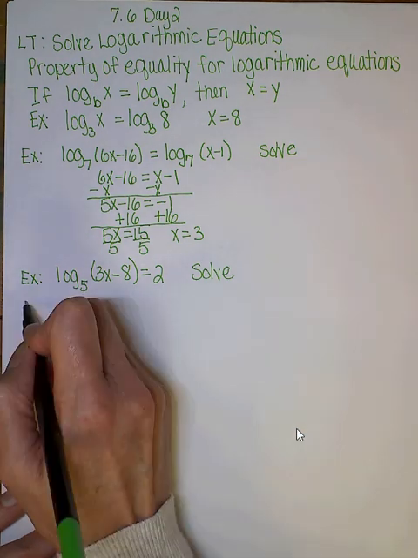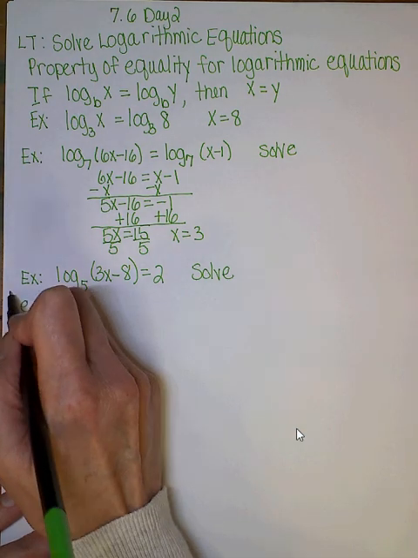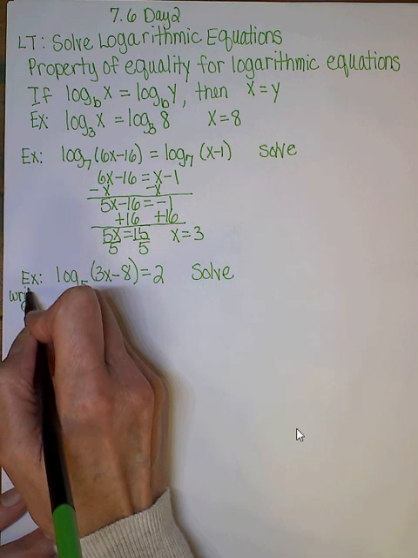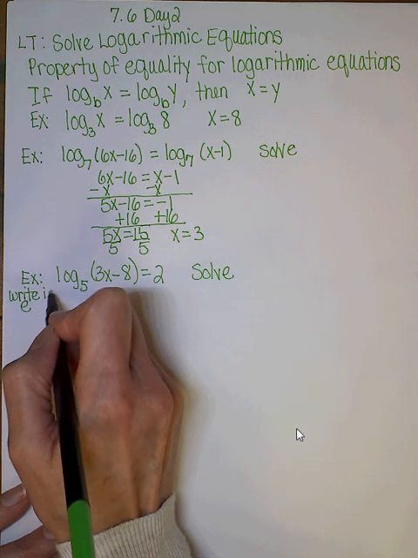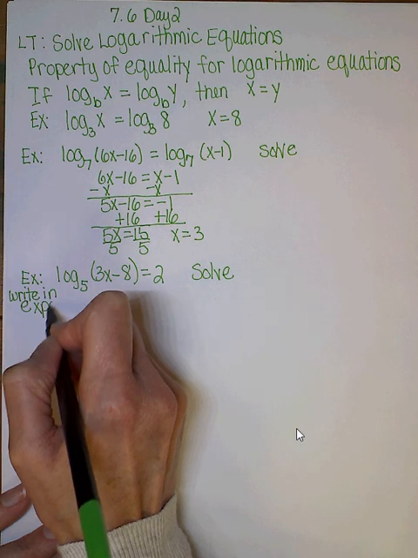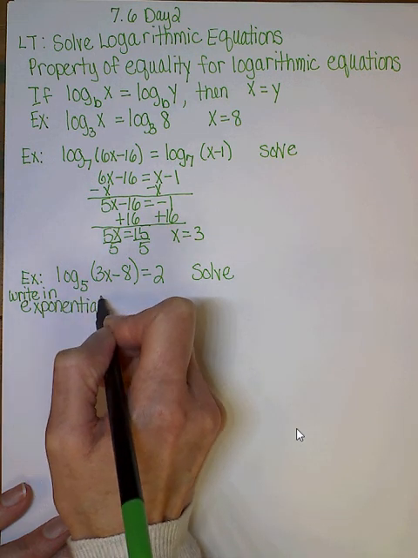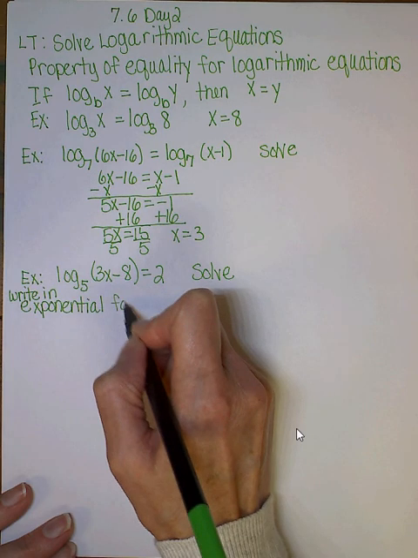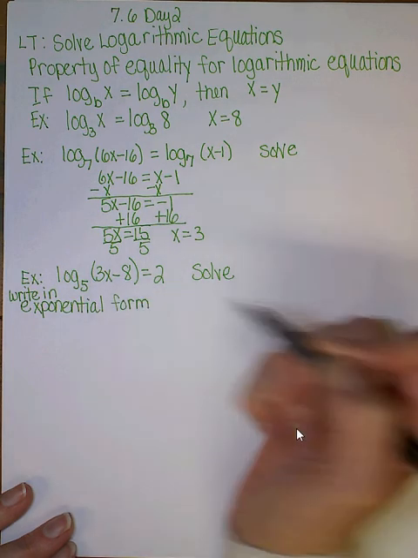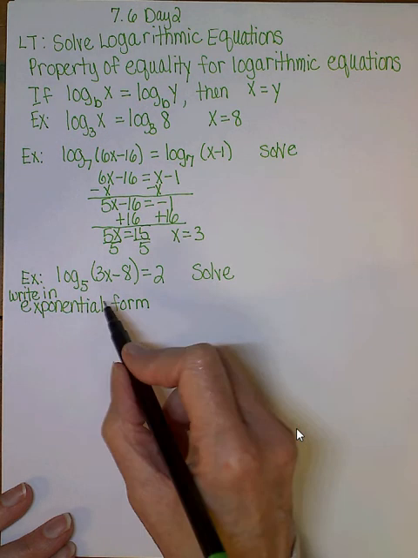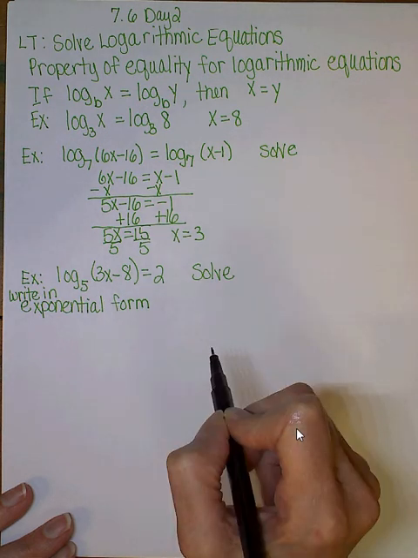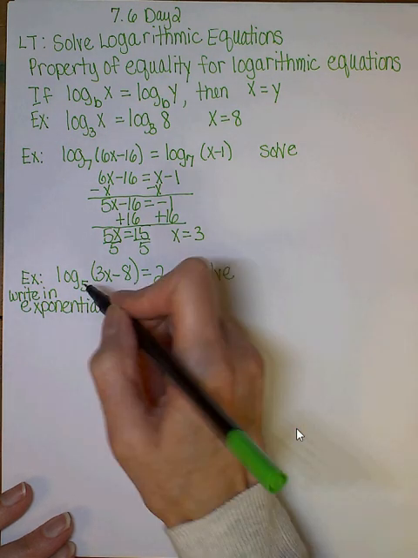And the first thing you're going to do is write it in exponential form. Remember, this is one of the first things you learned how to do when we started logarithms, going from the logarithm form to the exponential form. And remember that we use the arrows.